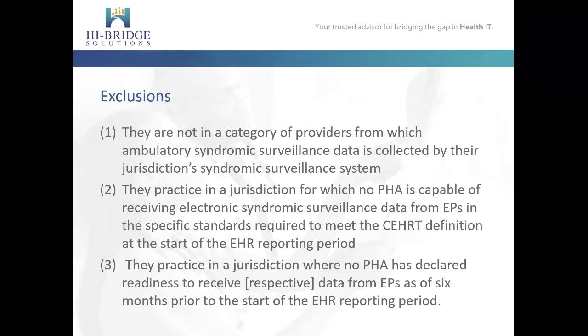Well, your office doesn't do immunization, so you don't have anything to report. You would take exclusion 1. However, if you're attesting to syndromic surveillance and you need to take that exclusion, then you would take exclusion 3 because you are in a jurisdiction where no agency has declared readiness.